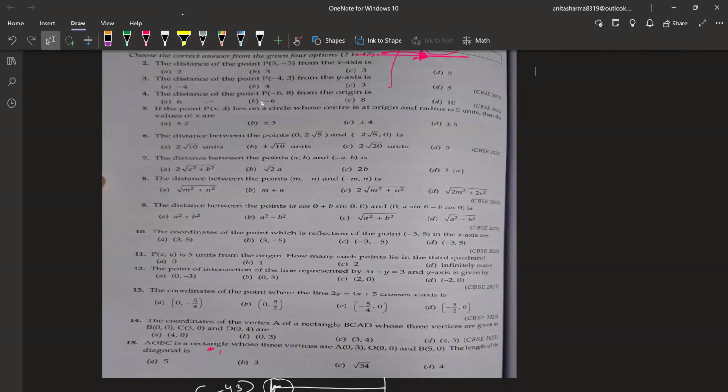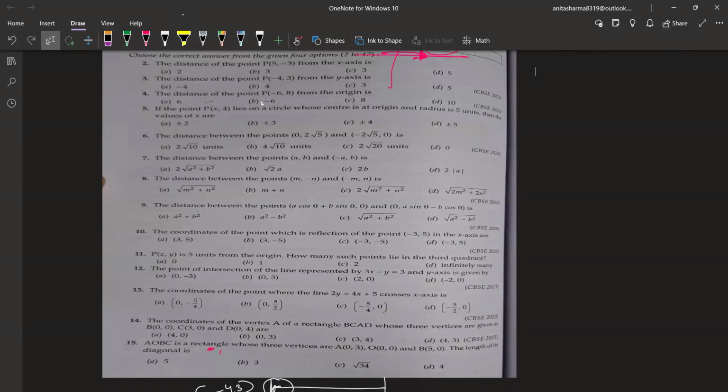Ma'am, I got the answer. Ma'am, the value of x is plus or minus 3.